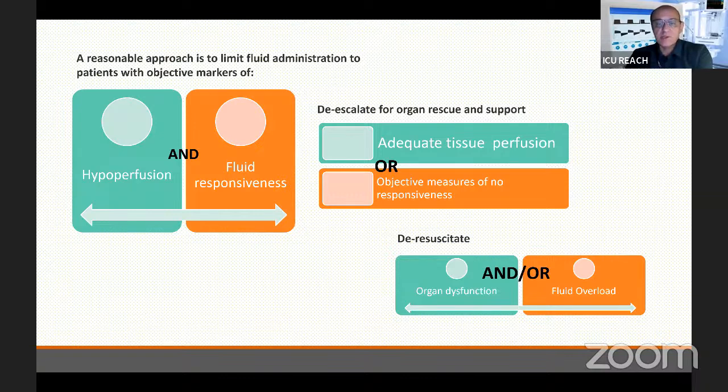In the de-escalation, if you do not have fluid responsiveness, you don't need to give fluid. Adequate perfusion, you don't need to give fluid. And in the de-resuscitation, you have organ dysfunction and evidence of fluid overload.